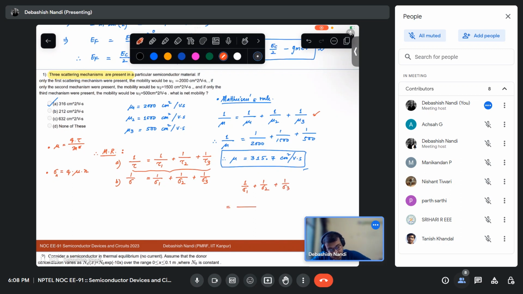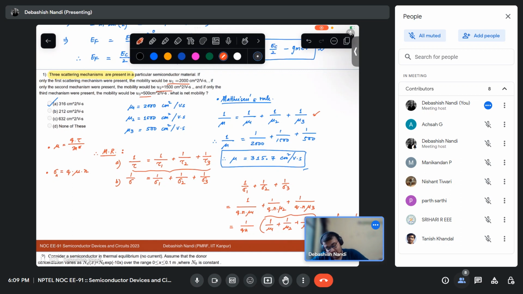So what will this be? 1 over qn mu 1 plus 1 over qn mu 2 plus 1 over qn mu 3. If I take 1 over qn common, you get 1 over mu 1 plus 1 over mu 2 plus 1 over mu 3, and this is nothing but your 1 over mu, right? So it will be 1 over qn mu, that is 1 over sigma net. Fine, so this is also Matthiessen's rule. So in this question, if instead of mobility you are given conductivity, then also you can solve this problem. If you are given mean free time, then also you can solve this problem.